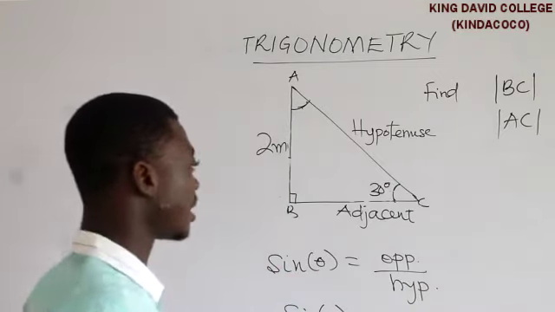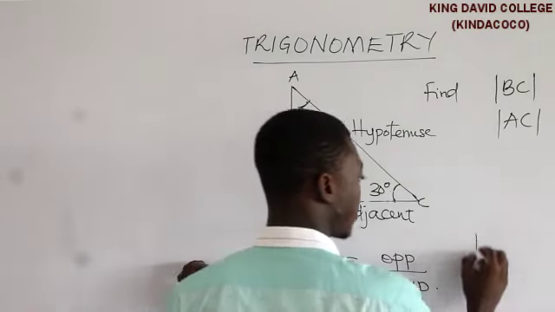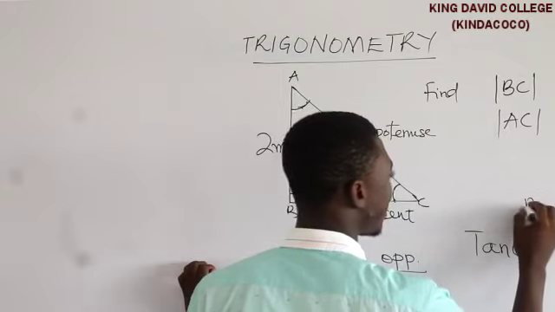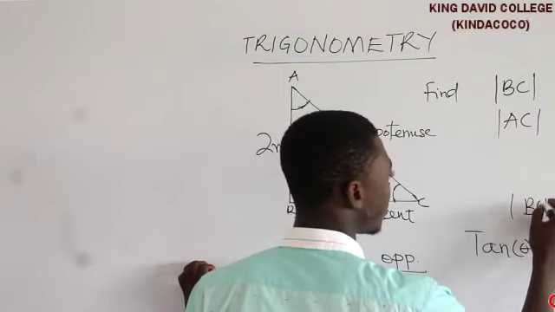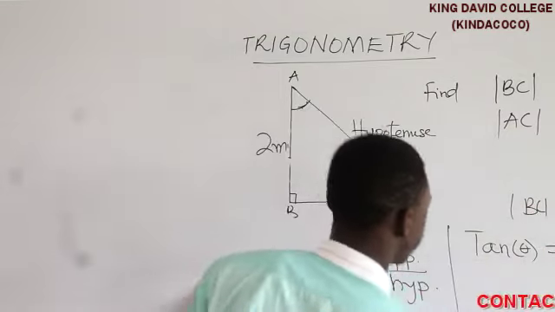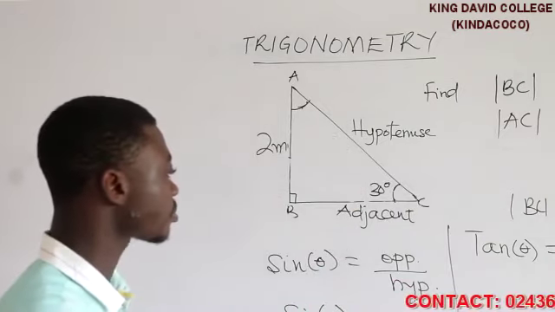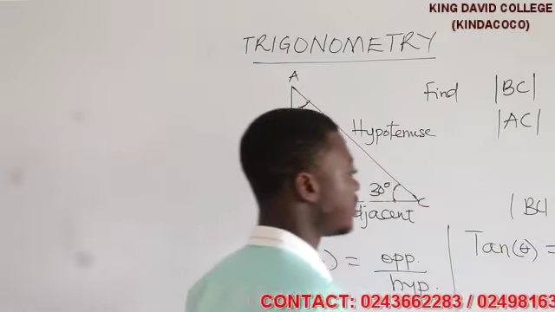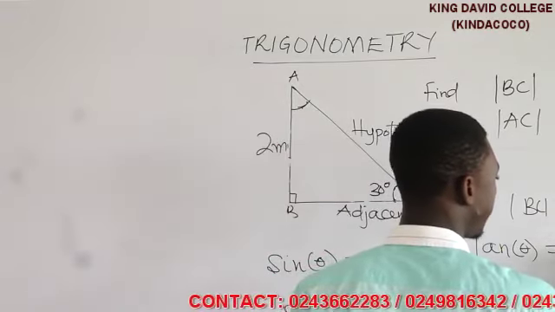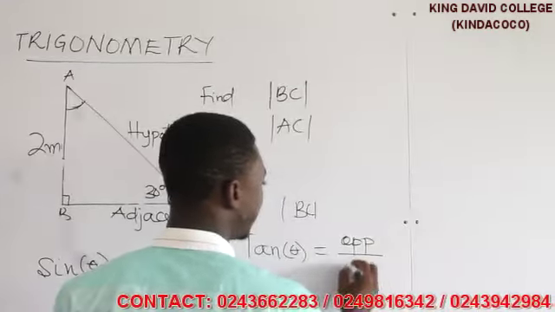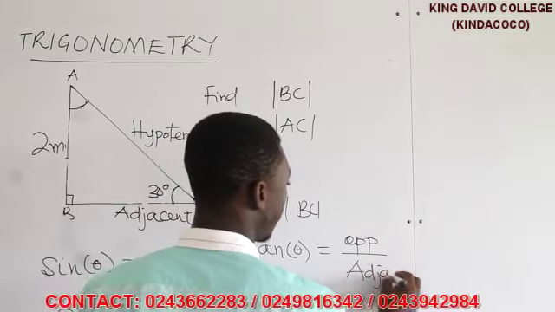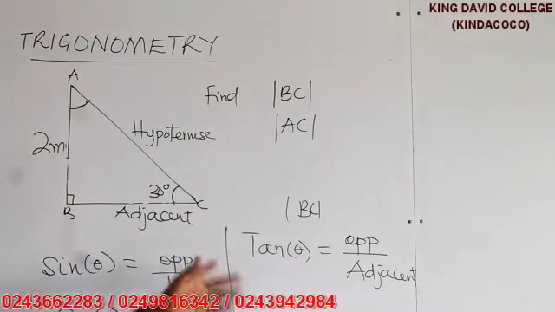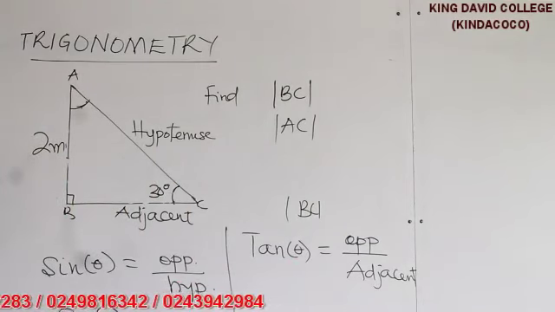So now let's use tan. Here we are finding BC. To find BC, tan theta is going to be the opposite over the adjacent. With these two known, it becomes very easy for us.